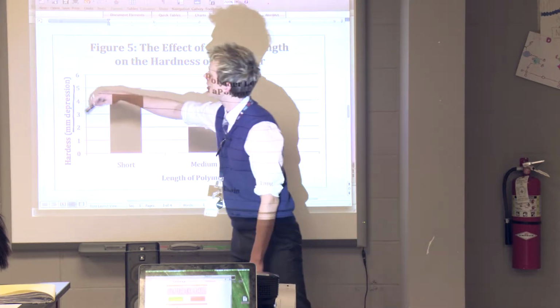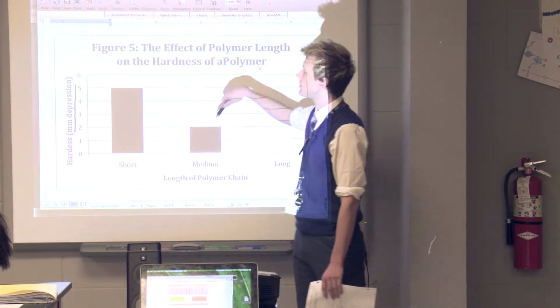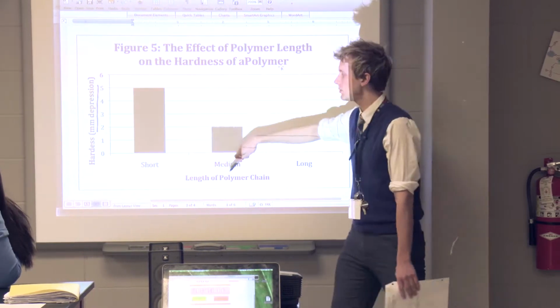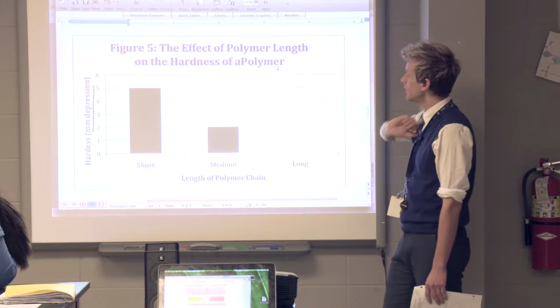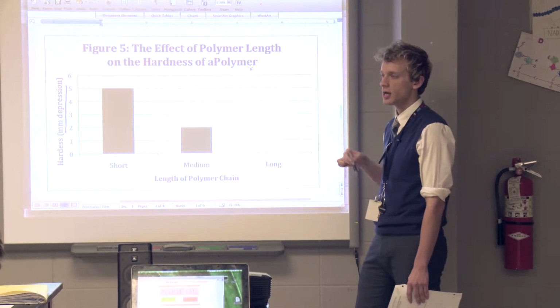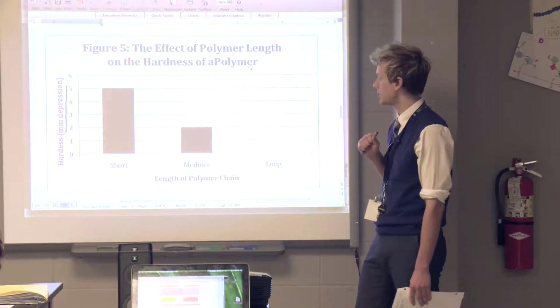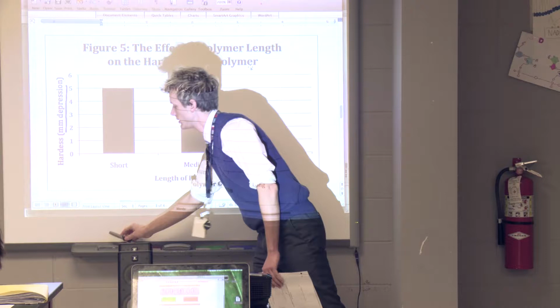It's just that you're looking at the depression, how deep it is going inside. So it's indirect between how deep it goes and direct between the actual variable, the hardness itself, right? The longer the chain, the less deep the depression is. That means the harder the polymer is. Okay, so maybe make an edit to that if you didn't have that correct.